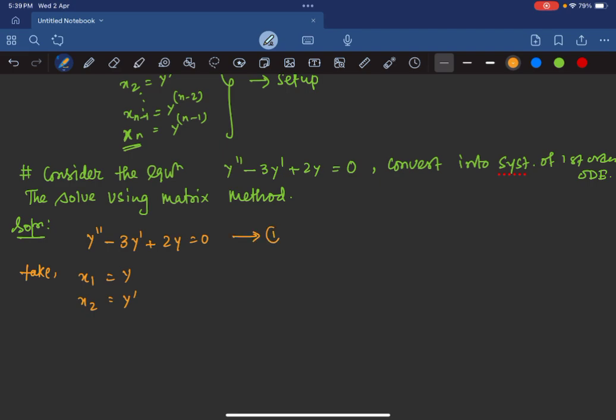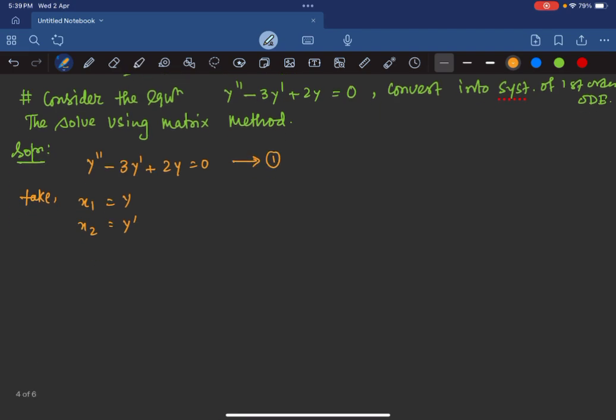If this is equation number 1, then equation 1 can be written as x2' minus 3x2 plus 2x1 equals 0, which is nothing but x2' equals 3x2 minus 2x1. From this setup one can easily write that x1' equals x2.